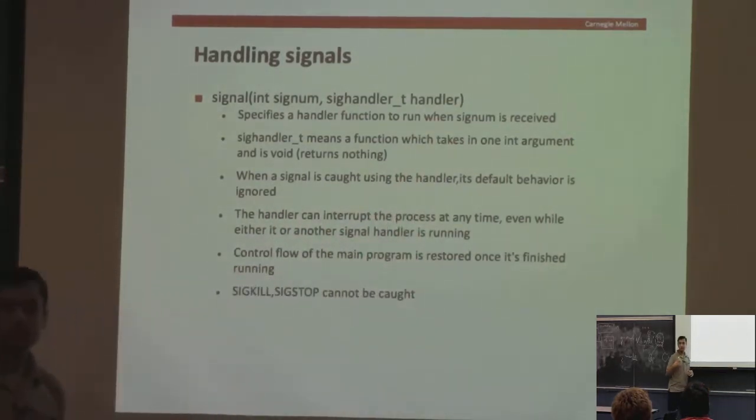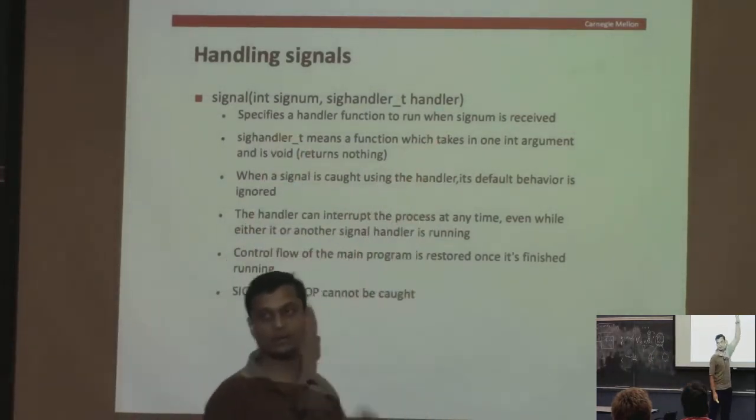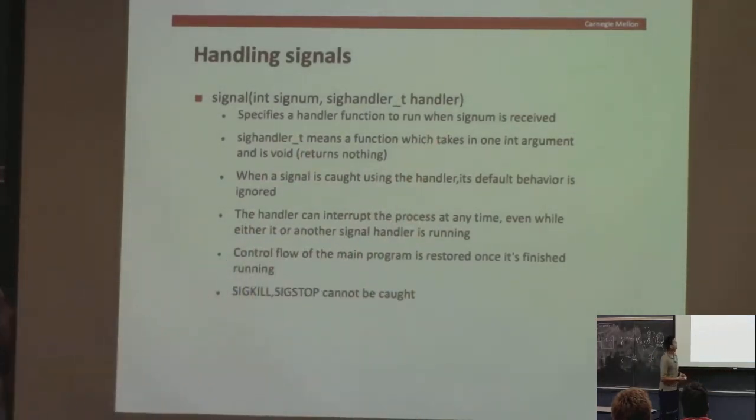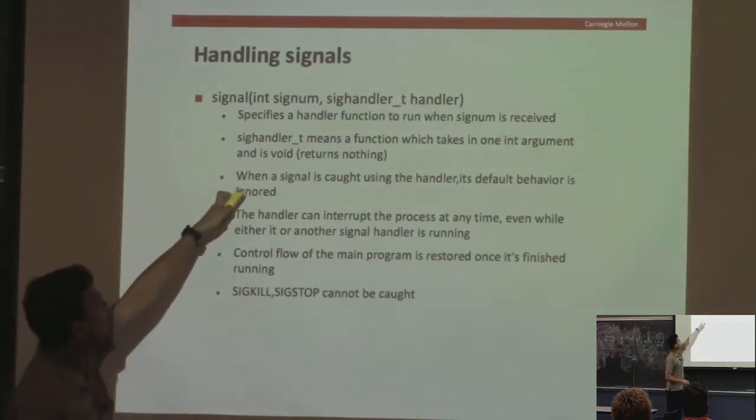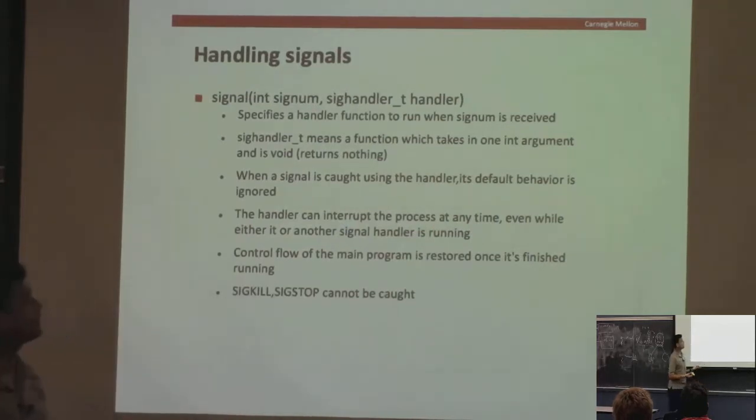It gets registered with the kernel, and whenever this particular process gets a signal of signum type, the kernel will directly call the handler that you've registered. That's the overall operation. And sighandler is basically a single function which takes in one argument and does not return anything.